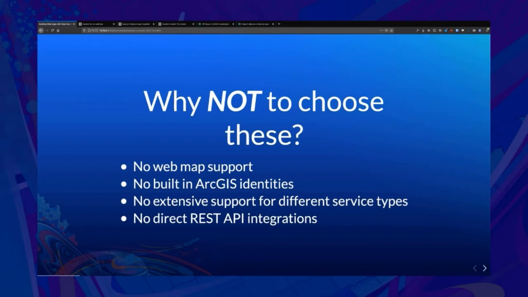If you're looking for something like stream layers, image layers or dynamic map layers, they don't necessarily support all the types of services, but there are ways to get them to use some of your hosted data, and we're going to go over that later. And the last bit is, especially in the case of Mapbox GL and OpenLayers, there's no direct integration with any of the ArcGIS REST APIs, although you can use REST.js.